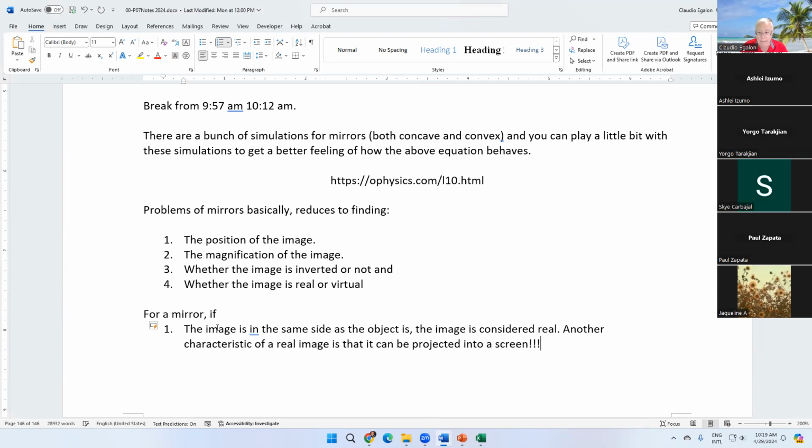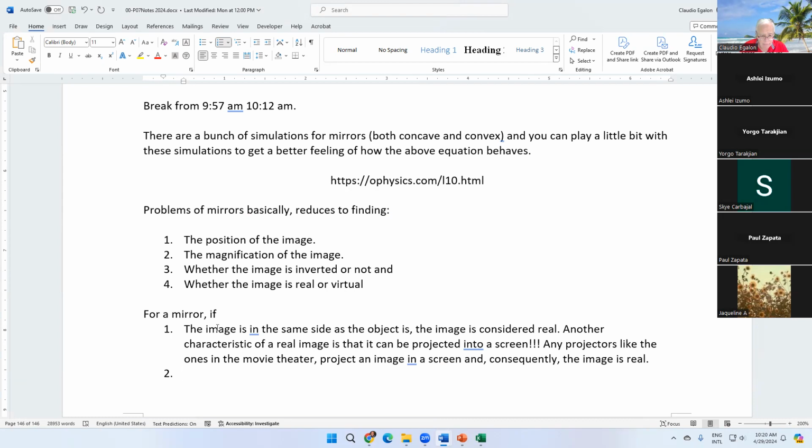That's an important characteristic of a real image. So any projectors, like the ones in the movie theater, project an image on a screen, and consequently, the image is real. Okay?